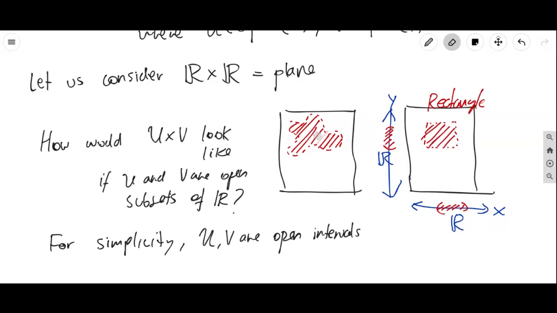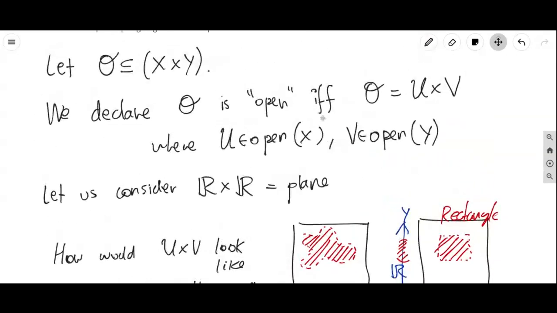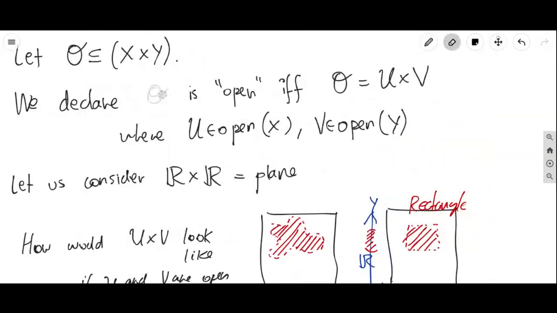That this is an open subset of the plane. However, and this is the point, the open subset of the plane also includes sets that look like this. You see that? They include more complicated types of sets. And so because of this, this approach is problematic. We cannot say that U is open if it has this form.